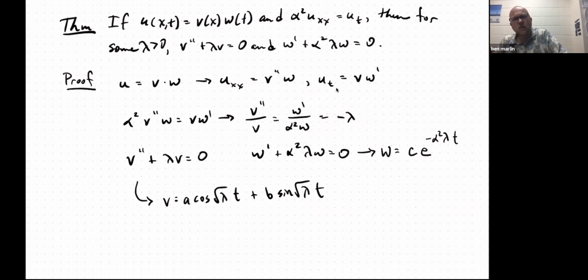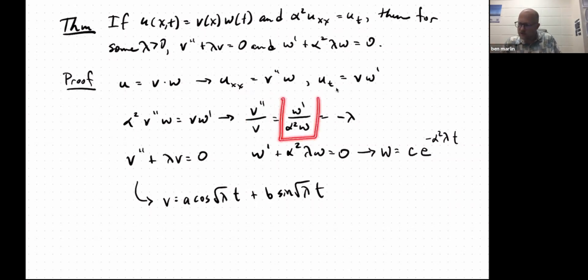Later on, we'll see why we needed a negative with that lambda, but for right now, just play along with it that we've got that negative lambda. So the thing is, we have separated this out. This is a function of x alone. When you change t, it does not change.